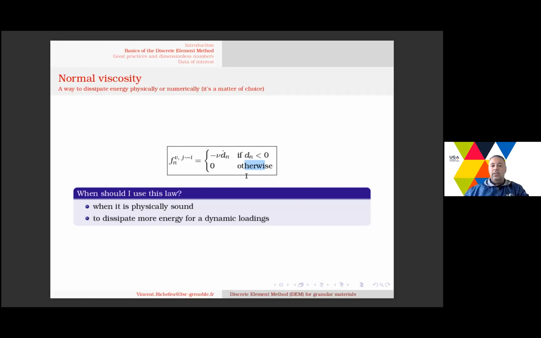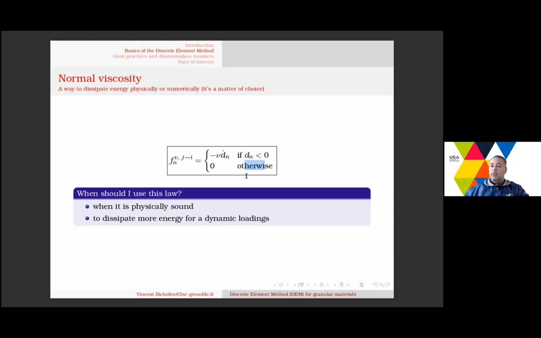Okay, when to use this kind of law contribution? When it is physically sound. If you've got particles that are viscous and the loading is fast enough, you have to add this kind of term in the force law.